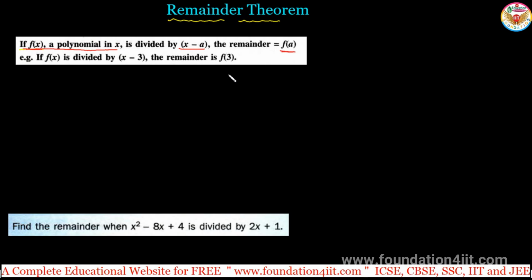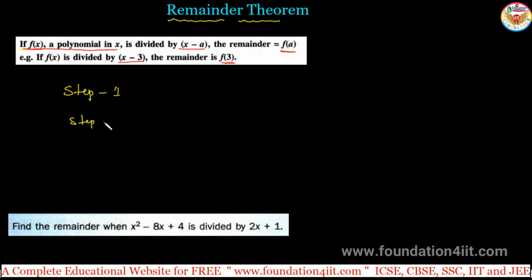We already discussed how to find f of 3, f of 4 by substituting. Wherever x is there, we substitute this a. So if f of x is divided by x minus 3, then the remainder is f of 3. In two steps we can use this concept.